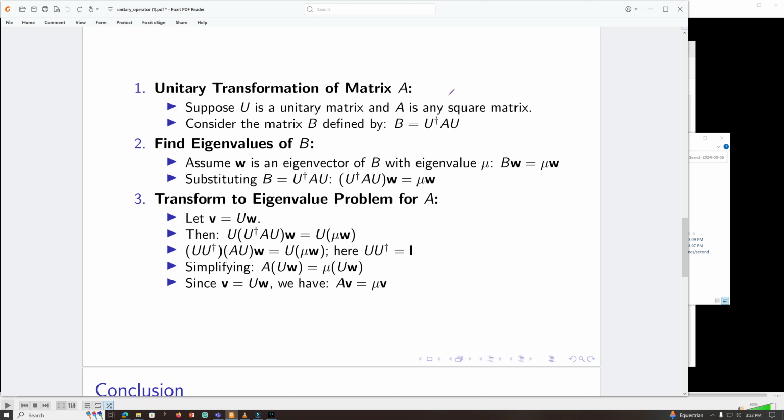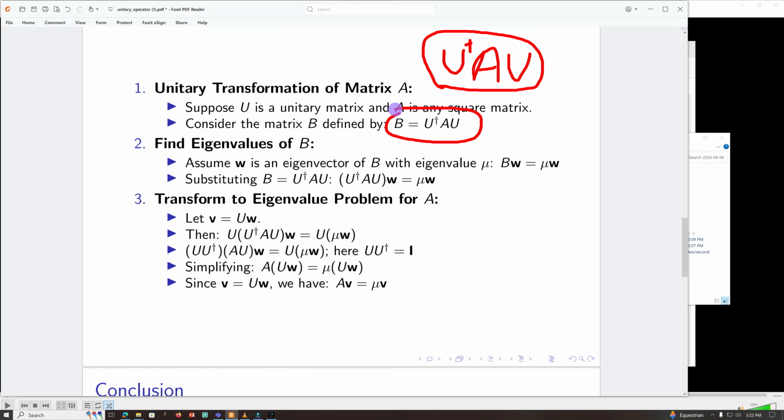Now let's look closely at the unitary transformation of matrix A. As we have defined, U is a unitary matrix. If I write U dagger A U, this gives me the unitary transformation of matrix A. Let us say that is B. Now in order to prove our hypothesis, we have to show that B and A, where B is the unitary transformation of A, both have the same eigenvalue.